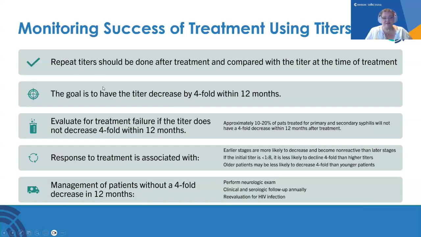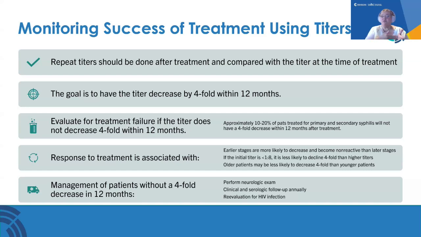Monitoring the success of treatment. We are going to re-titer our patients, and the frequency depends on if they have HIV or not. If they're a person living with HIV, we are going to repeat those titers more often because they're more susceptible to neurologic involvement.